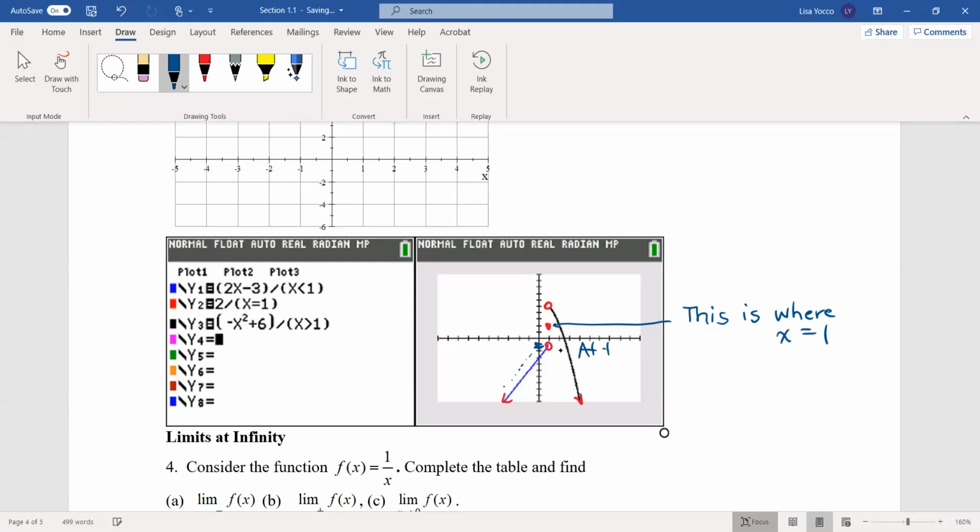So at this open circle, y equals -1. And that's going to be my limit. At this open circle, y equals 5.